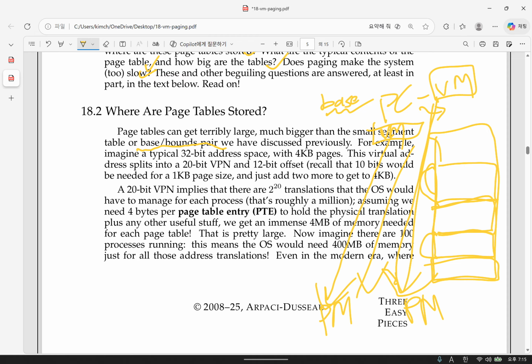Then if the processes are not all the same size, there will be external fragmentation, as I told you just now. And base and bounds has this large gap between the heap and stack, right?